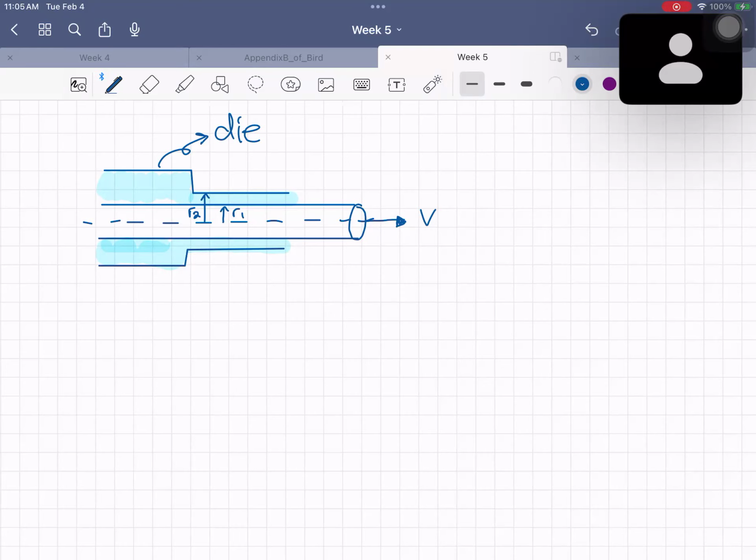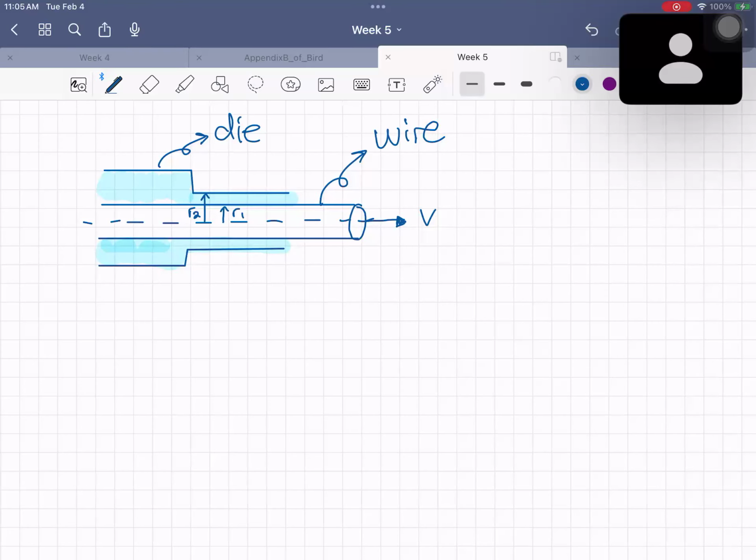All right, this exercise is about a die. It's like a slot die, used when you want to coat a wire. This is actually a wire, and you want to coat the wire with some solution. The solution is in blue color.